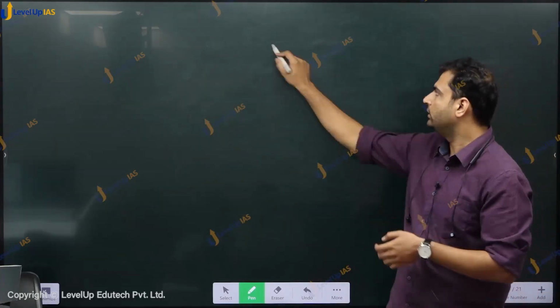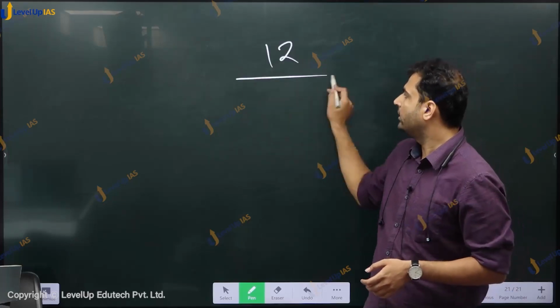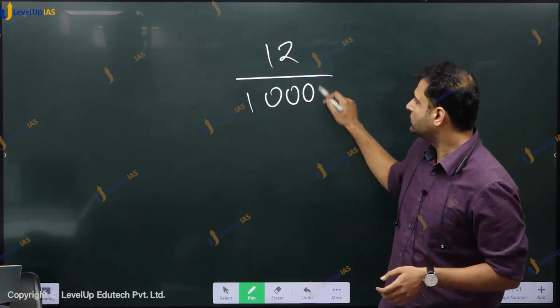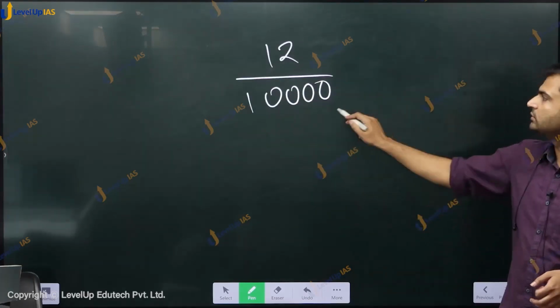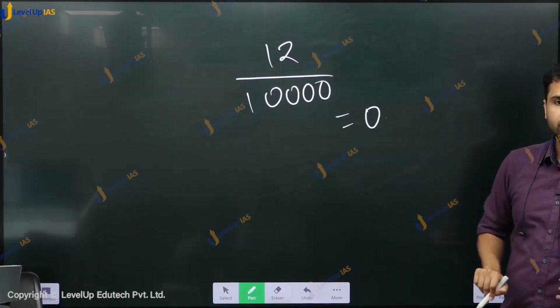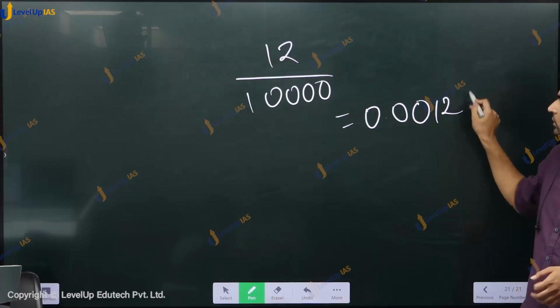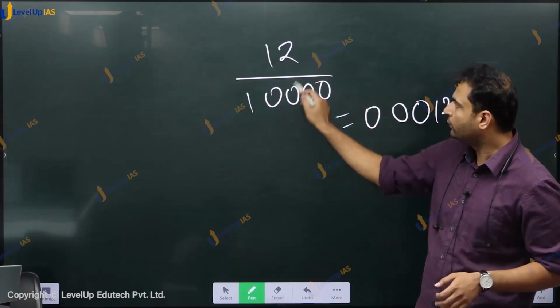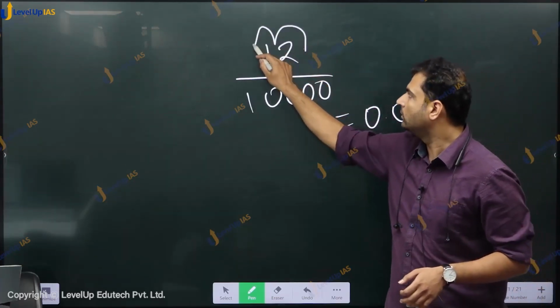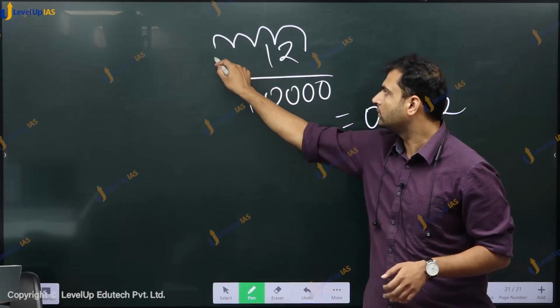So if we have, let us say, 12 divided by 10000. What would this be? 0.0012, from here you start 4 times: 1, 2, 3, 4.